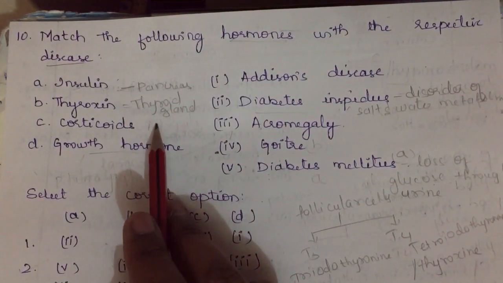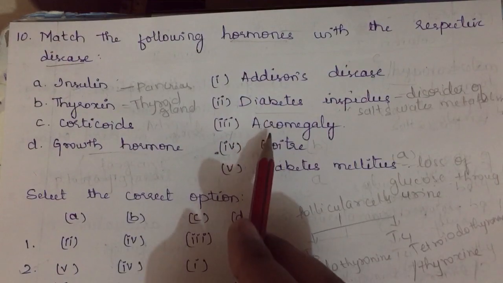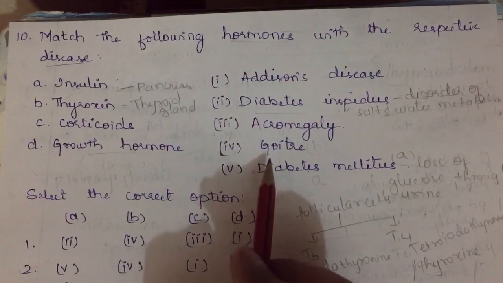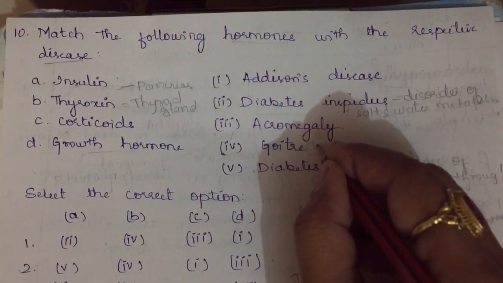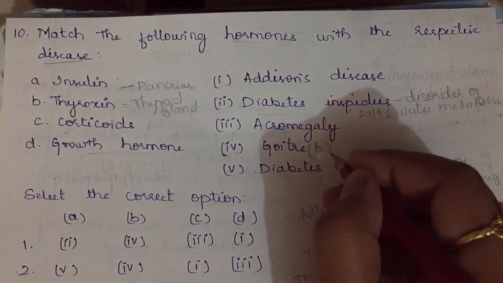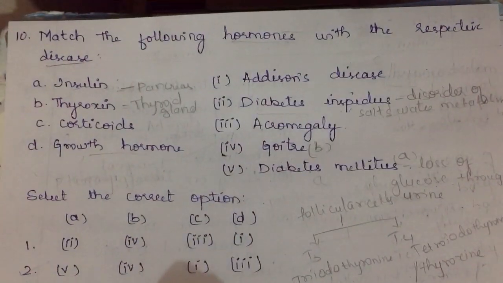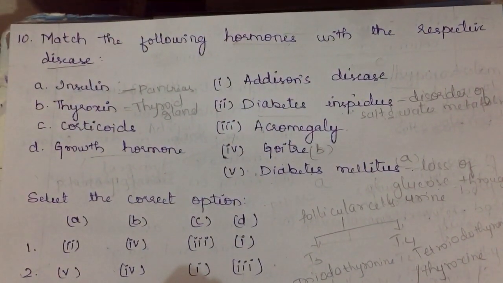Now related to the thyroid gland, what is this? They have given Addison's, diabetes, acromegaly, goiter, diabetes mellitus. So goiter is the correct option for the thyroid gland, because of the deficiency of iodine.